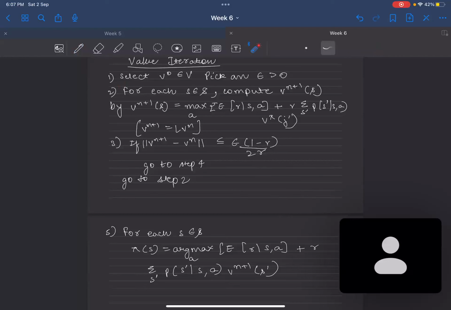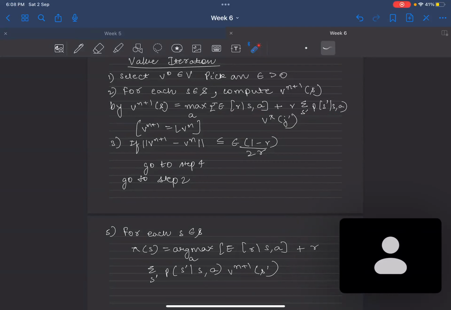Select that action which maximizes rewards, right? The immediate reward plus the expected reward of the next state. Can I say that is a terminal cost? This is the immediate reward plus the next state value function.